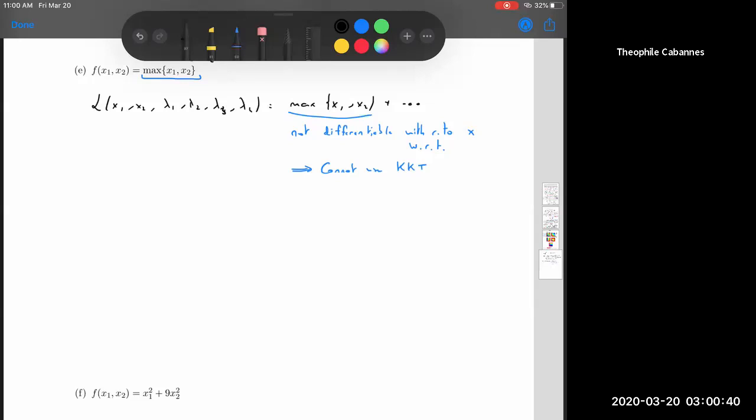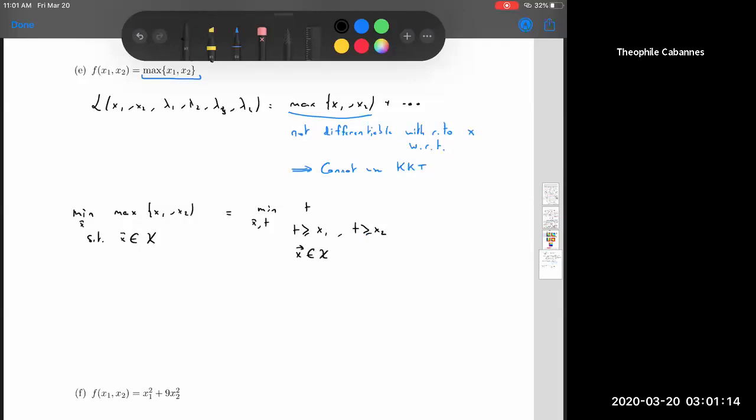And here you can do the following: the min of the max of x1, x2, such that x is in the feasible set, is also equivalent to the min over x, t, such that t is greater than x1, t is greater than x2, and x is a feasible point.